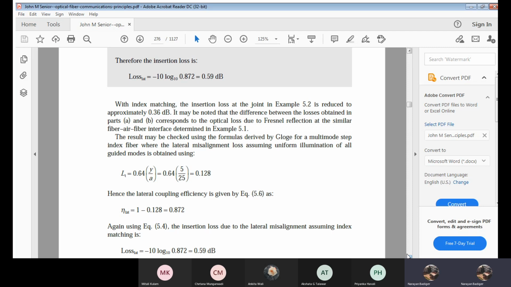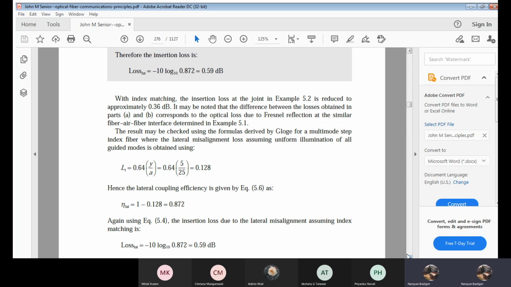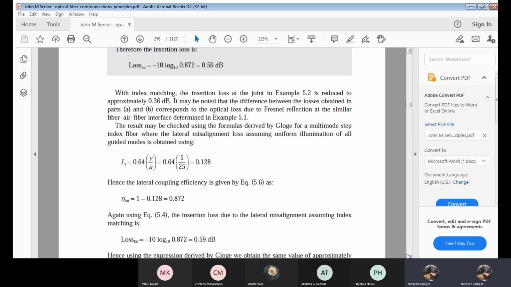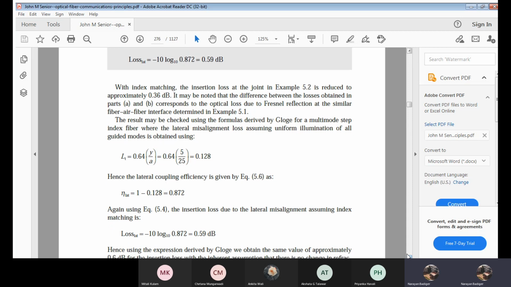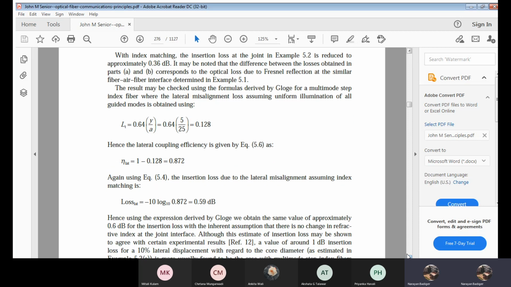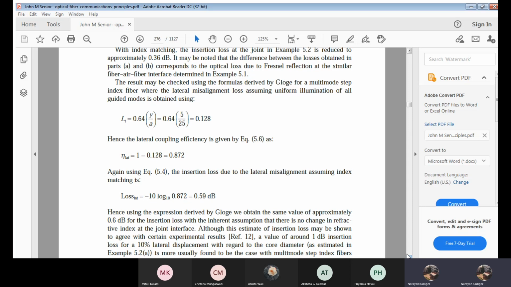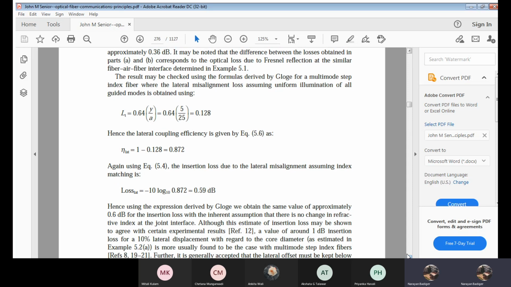Okay, and that value again we are trying to use it over here. Y value is 5, A is 25. So LT I'll be getting something like 0.128. Now lateral coupling efficiency will be 1 minus the LT. So 0.872. Now calculate its loss. It will be 0.59 decibels.